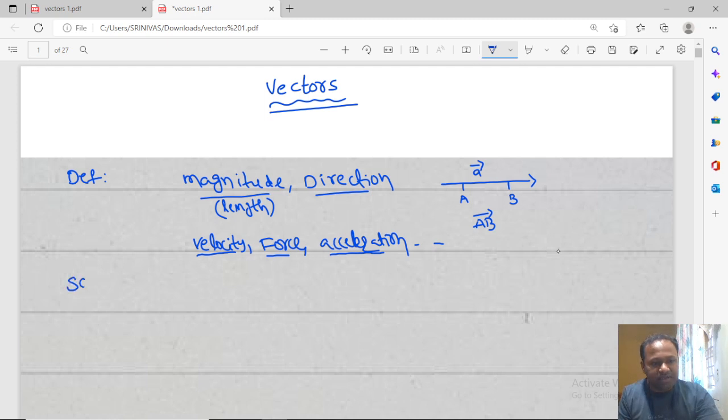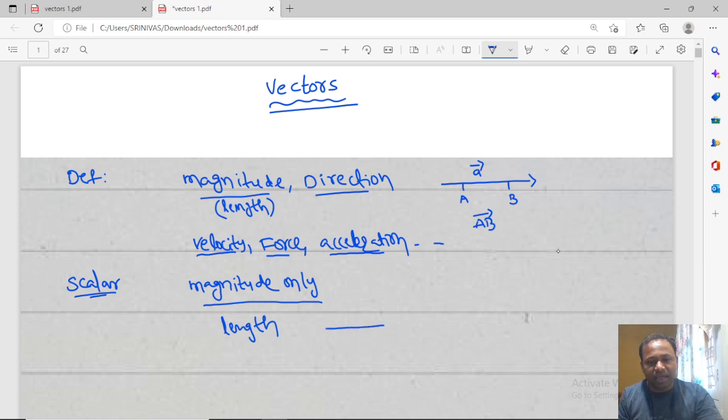Next, one more will be there, scalar. What do you mean by scalar? Scalar is nothing but a quantity which has magnitude only. For example, length.